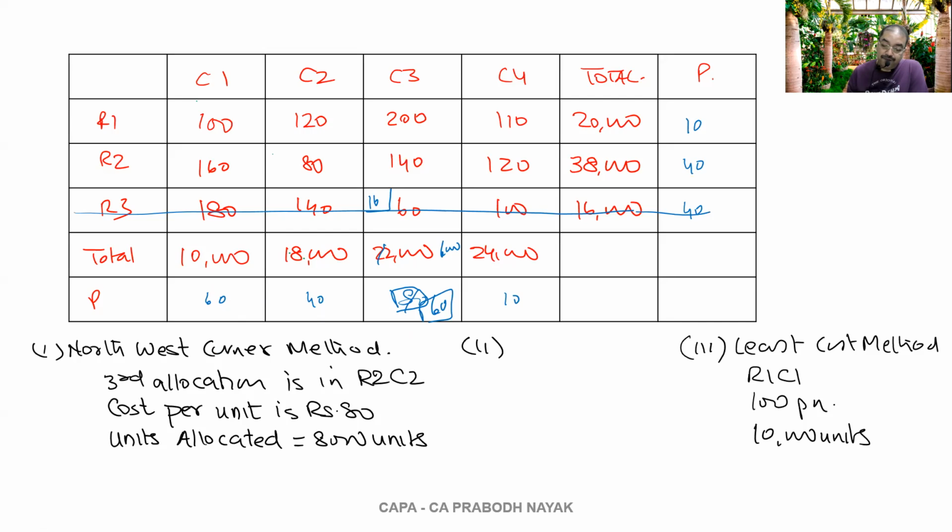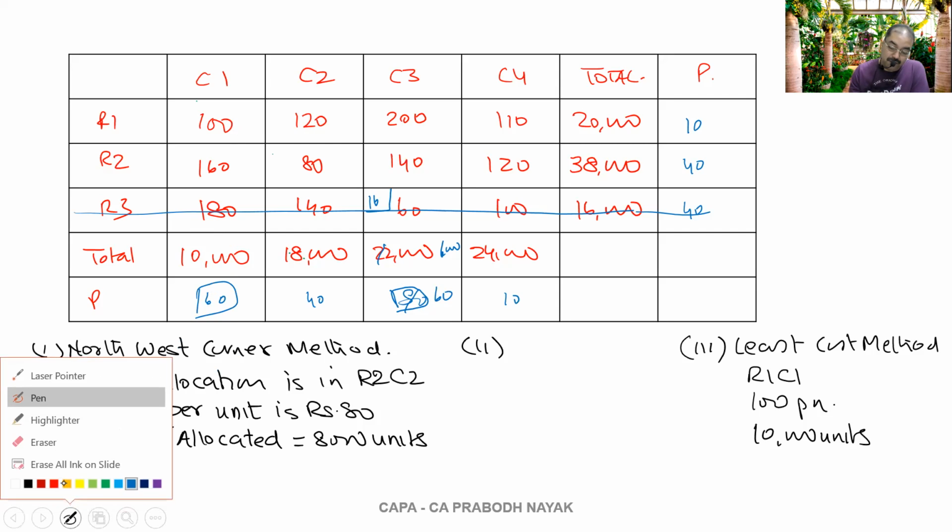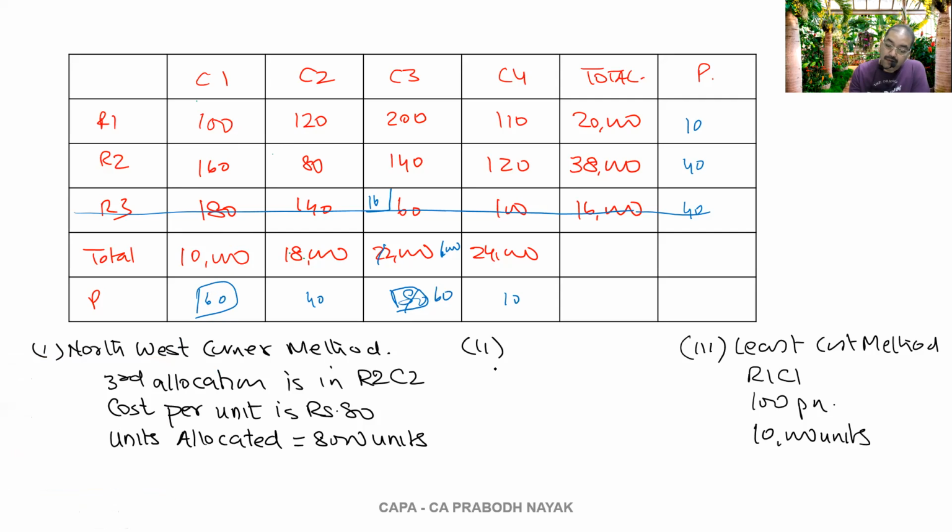R2, C2, okay. 80. R2, C2. Cost per unit is 80. Allocation will be 18,000 units.